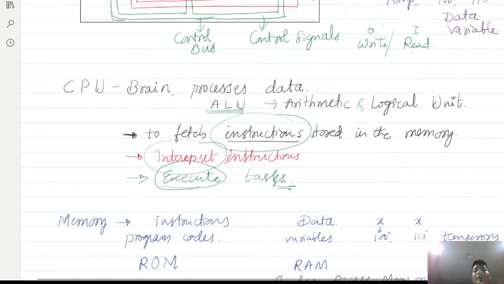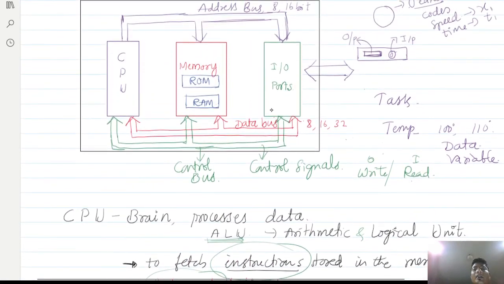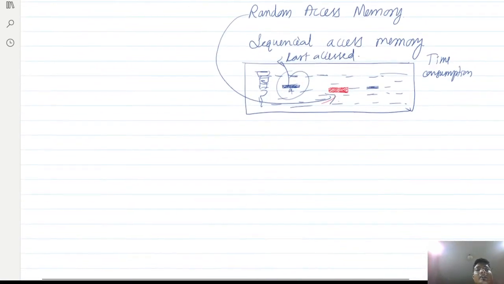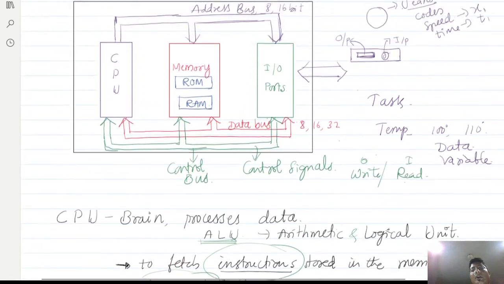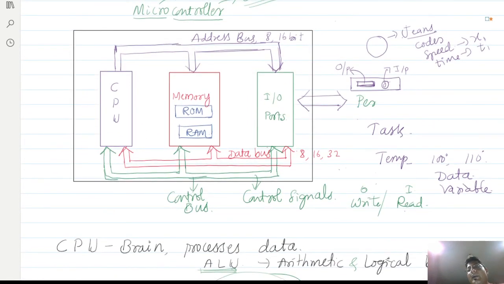Now we have the third part, which is nothing but the IO ports. What is the role of these IO ports? IO ports are used for interfacing the microcontroller with the outside world. Different peripherals will be connected to the microcontroller.